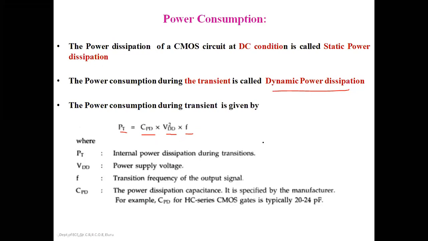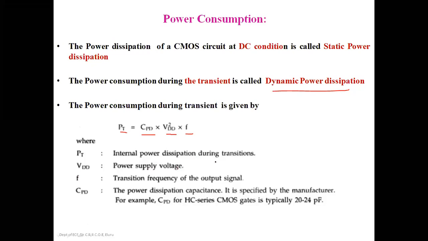So when the output is changing between the states, here we are determining the dynamic power consumption during the transient, that is PT, the internal circuit's power dissipation, where VDD is the power supply voltage.